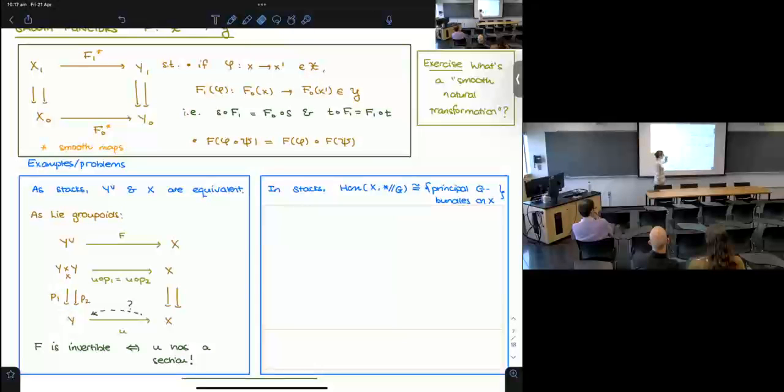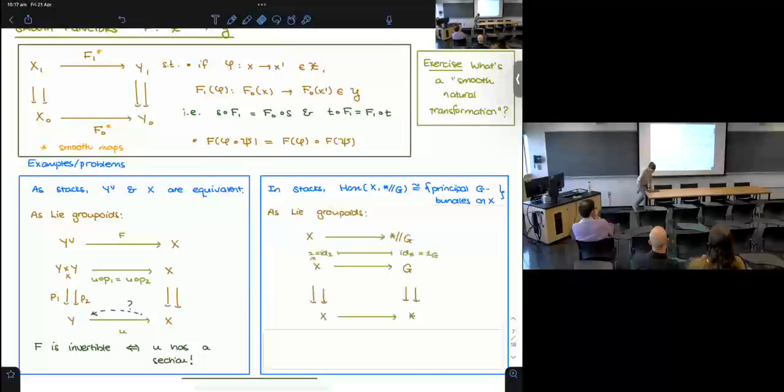Let's look at another example. I kind of assert by notation that maps from X into point mod G should be the same as principal G bundles on X. So let's look at smooth functors from X into point mod G. Okay, I have no choice on objects. Everything goes to the point.